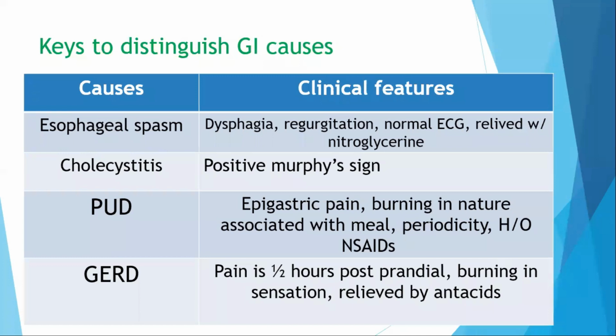Cholecystitis: here positive Murphy's sign. Peptic ulcer disease: the pain is epigastric, burning in nature, associated with meals. There may be periodicity and history of NSAID intake. Gastroesophageal reflux disease: pain is half an hour postprandial and burning in sensation, relieved by antacids.